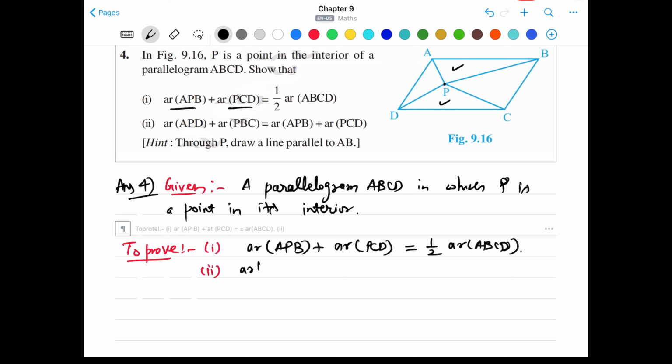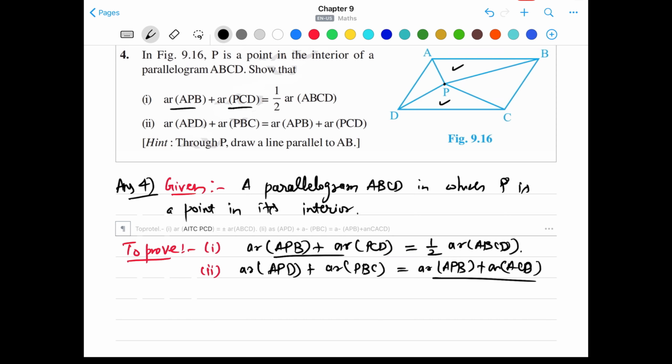And we have to prove also that the area of APD plus the area of PBC is equal to the area of APB plus the area of PCD. You can see that these two parts are the same. So we have to prove these two things.